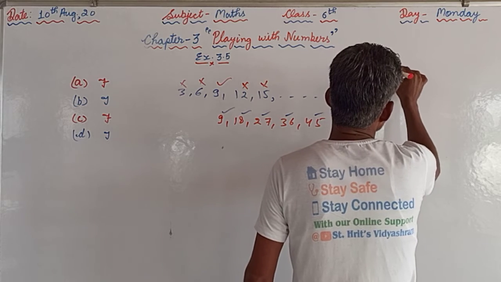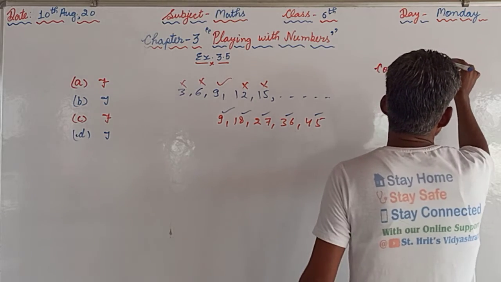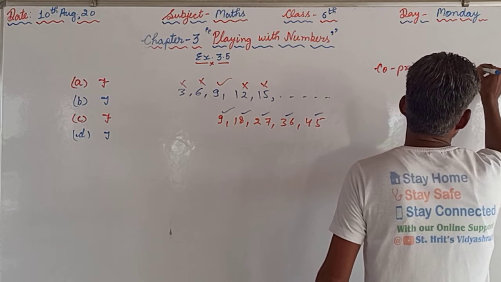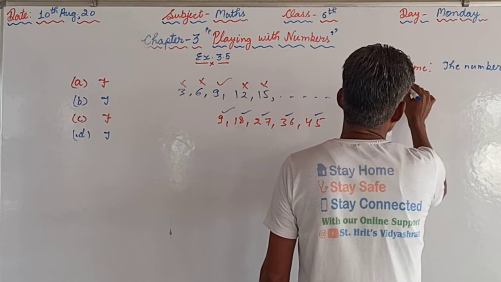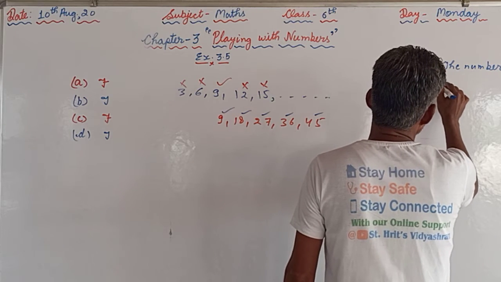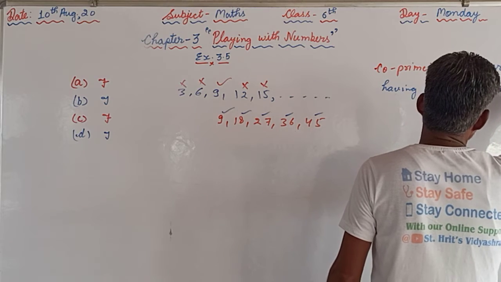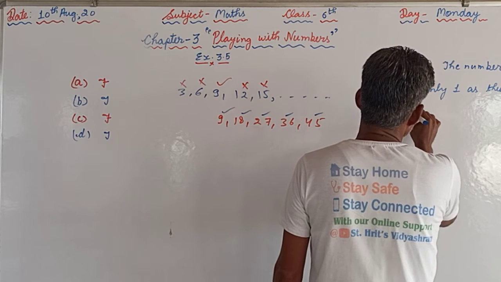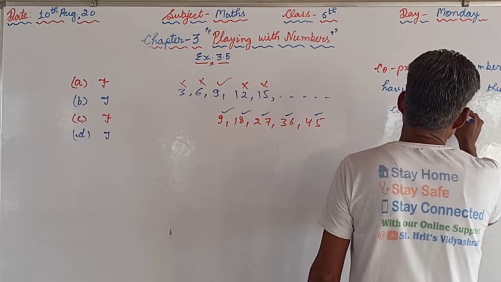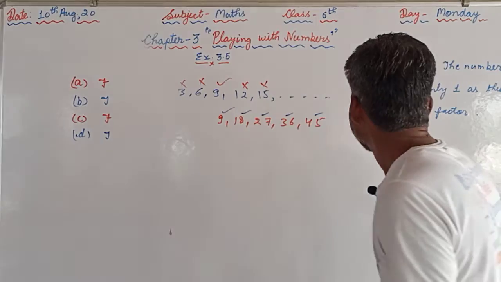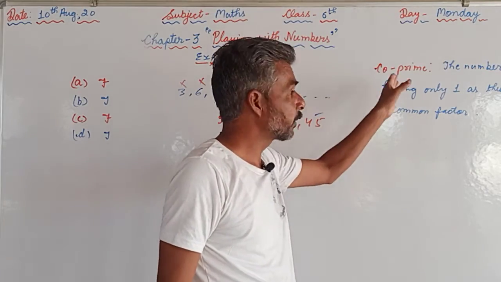Co-prime: the numbers having only one as their common factor. So we should not get confused between co-prime and prime.